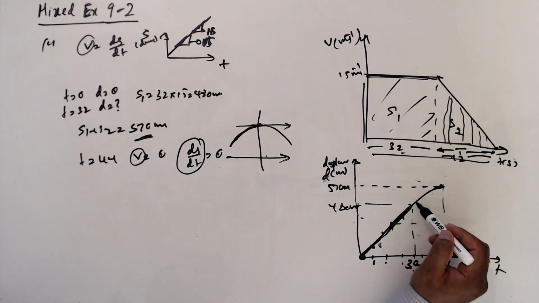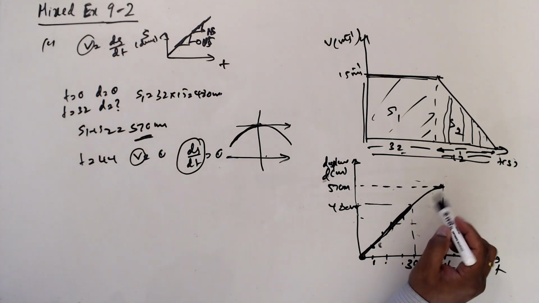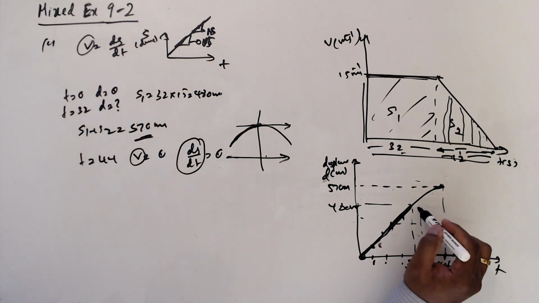Now in this curve also you can see that when velocity is reducing, what will happen to distance? Distance is also getting less.